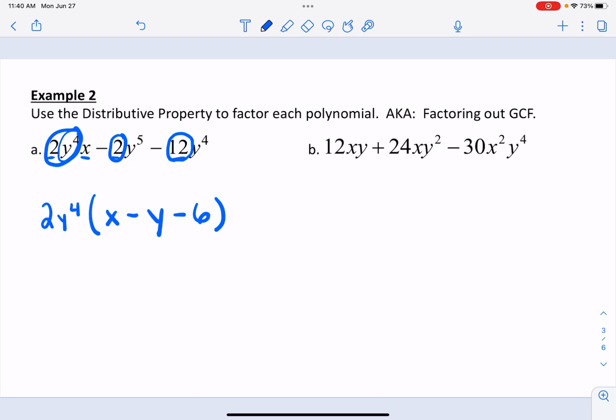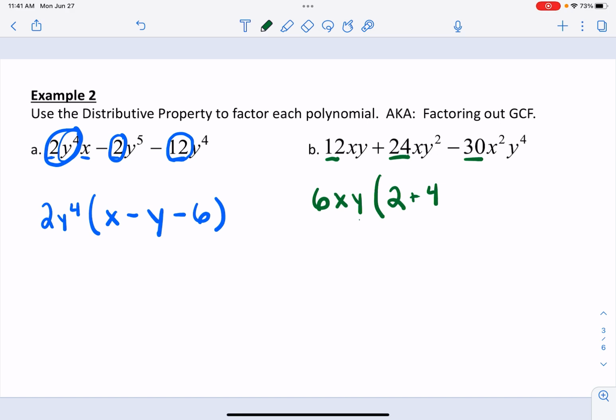So this next one, the largest number that goes into 12, 24, and 30, that's 6. Now look at your x's. The lowest power on your x's is x. The lowest power on your y's is y. So now, 6xy times what is going to get me back to 12xy? Well, all I have left over is a 2. 6 times what is going to get me to 24? Well, that's 4.